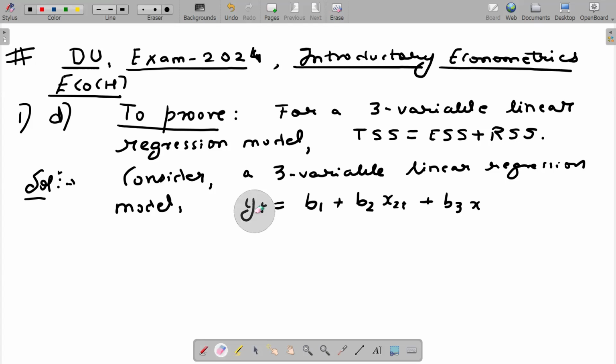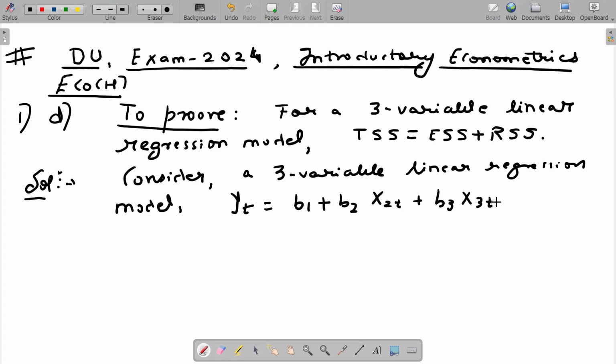Let me write this in caps lock just to show our students that these are all not deviations. So Yt is equal to b1 plus b2 capital X2t plus b3 capital X3t plus et. This is my three variable sample regression function, SRF, sample regression function.